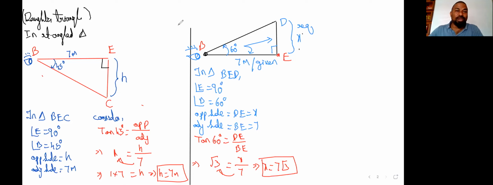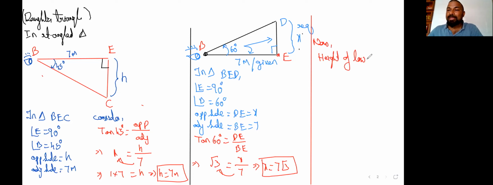Now we got the value of X and the value of H. What is it asking us to find? Height of the tower.